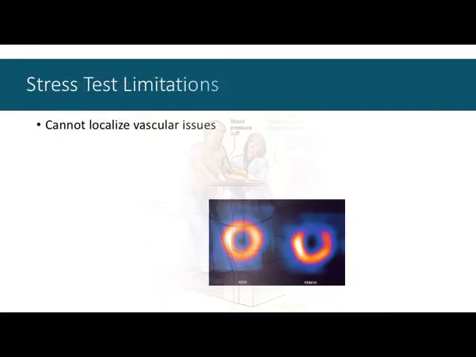But that applied point of view doesn't tell us much about the inner workings of the heart. And maybe this isn't a focus that you'll ever come back to in your professional careers, but it's interesting to travel down this rabbit hole a little bit to understand how the heart might be working or what might be going wrong. So some limitations to the stress test is that it's only focused at the whole body level.